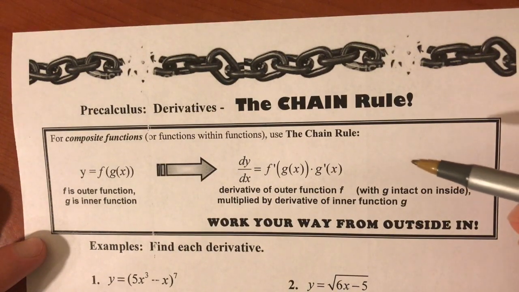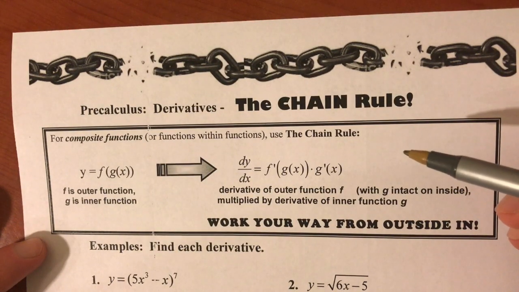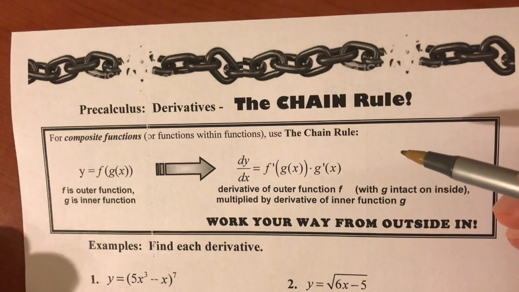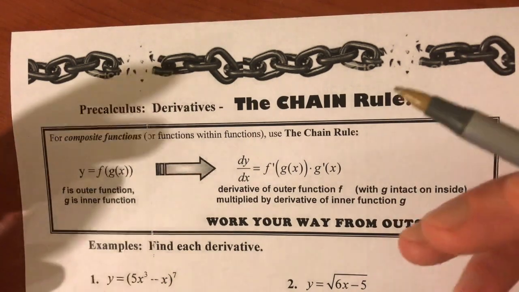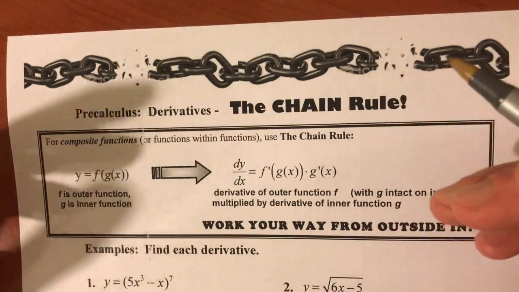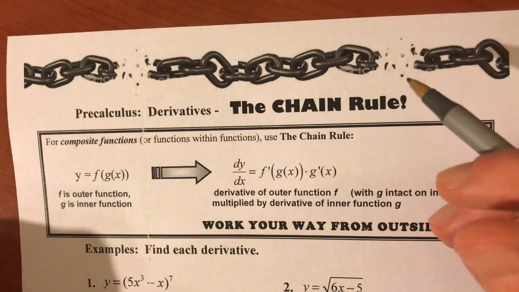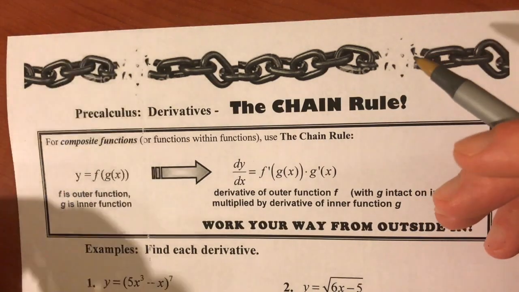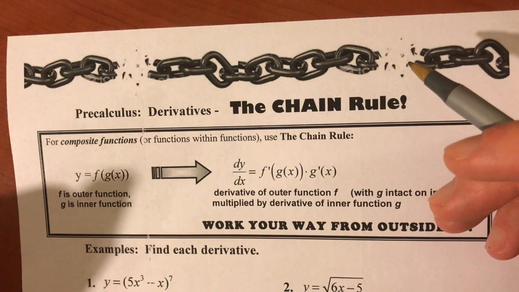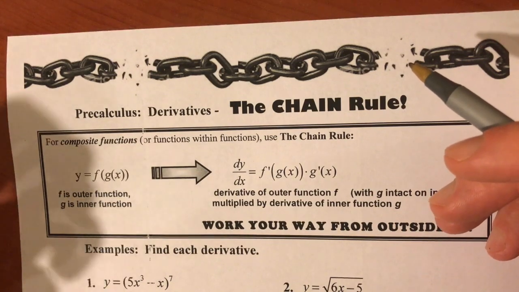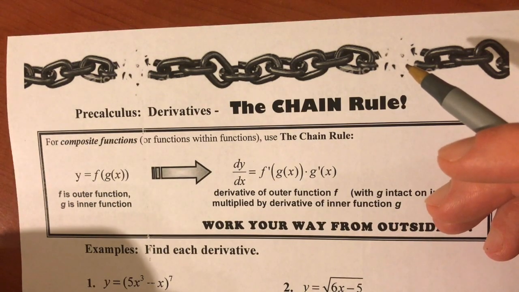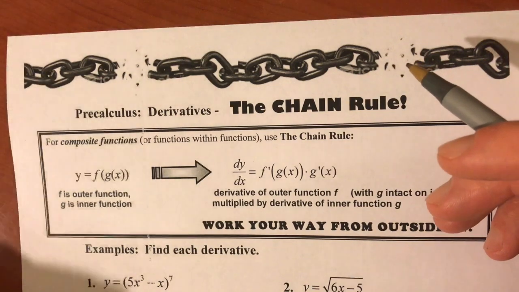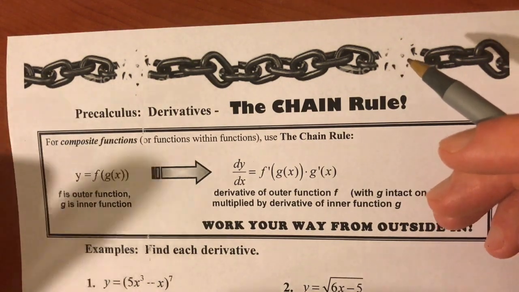So if you were to look back at all the things you've taken the derivative of so far, like the square root of x, sine of x, cosine of x, e to the x, it was always just a plain old x on the inside of that function, whatever it may be, the cube root of x, the sine of x.